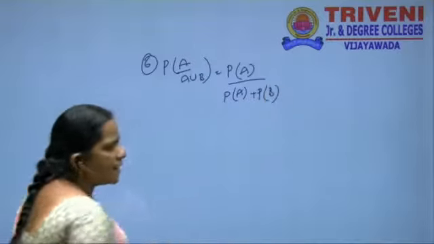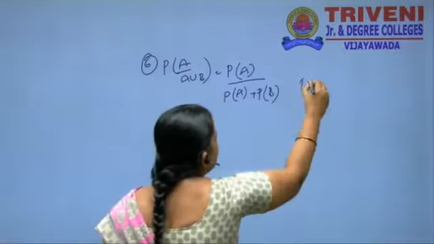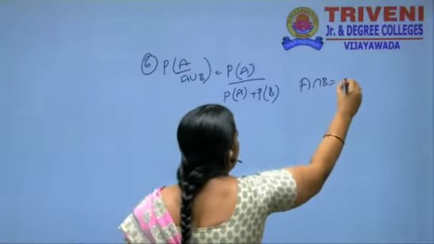Here A and B are mutually exclusive events. Then P of A intersection B is equal to phi.